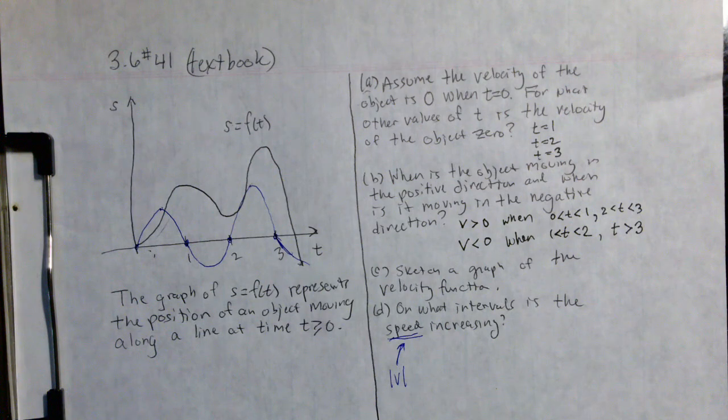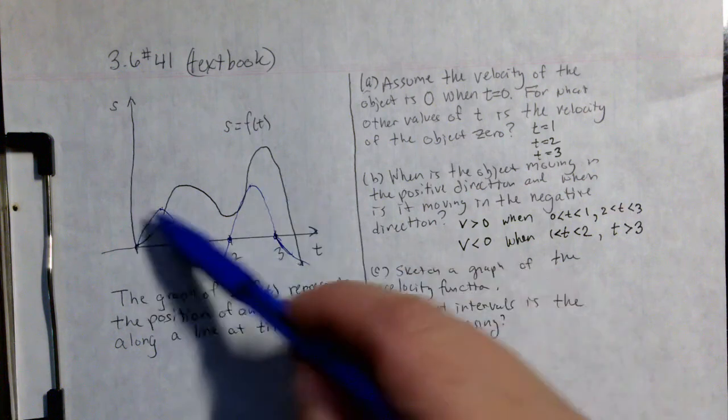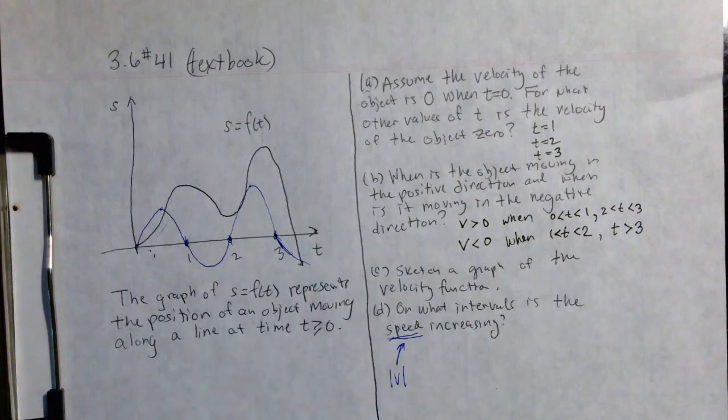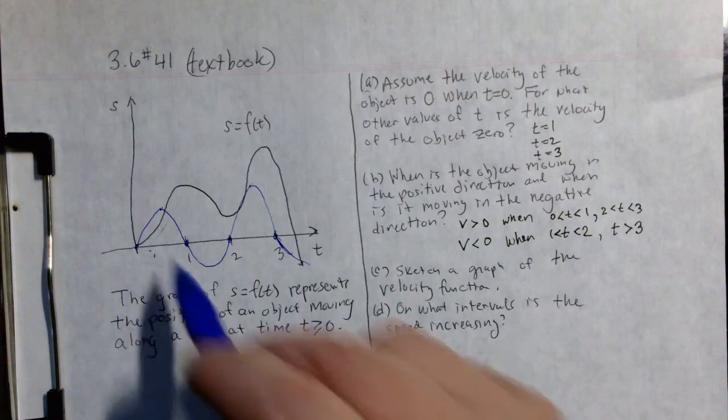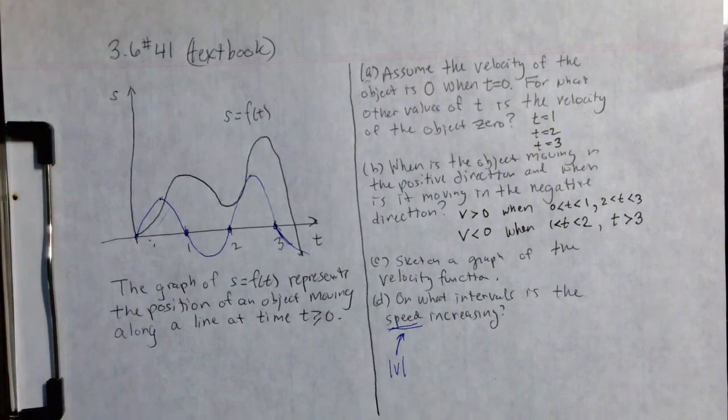You take velocity and take away the direction part of it, which in this case would mean just ignore the sign. That's the speed. And the speed is going to be increasing when the magnitude of the velocity graph is increasing, so as the velocity becomes further and further away from zero.